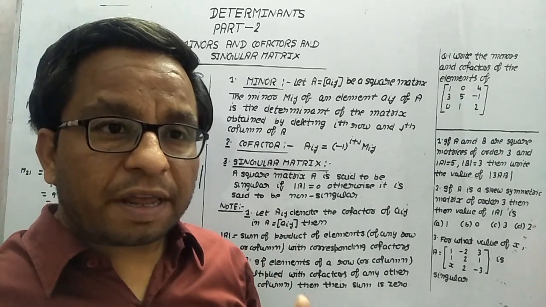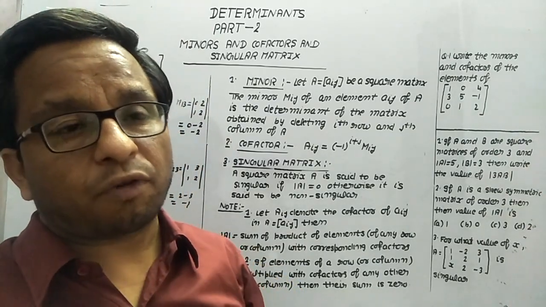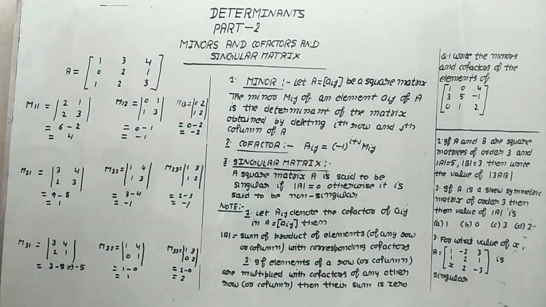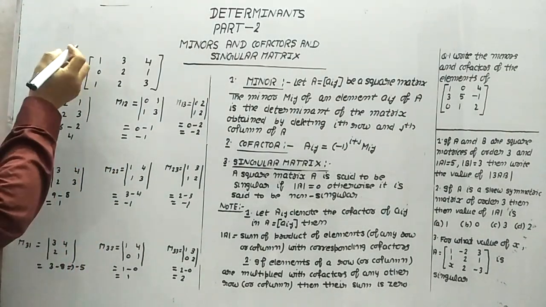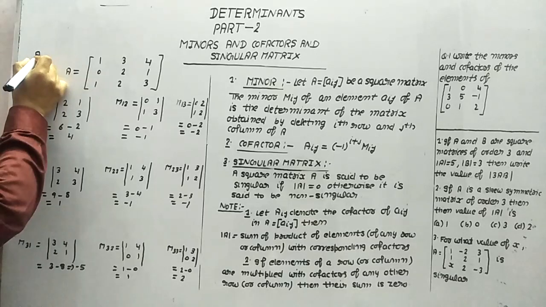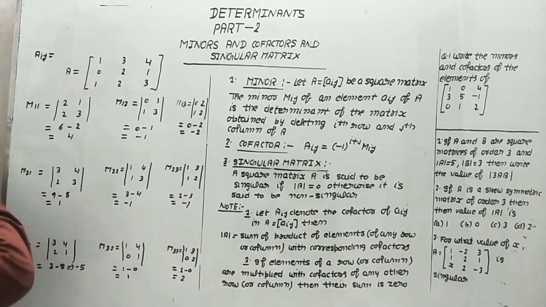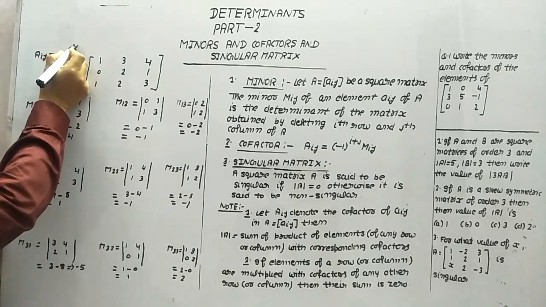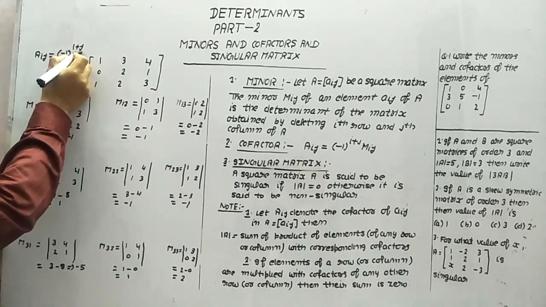In the same way, we will get 9 cofactors for each element. But for cofactors, we have to apply a simple rule. Look at this. In short form, I am explaining Aij. This cofactor is calculated by minus 1 raised to the power i plus j, into Mij.